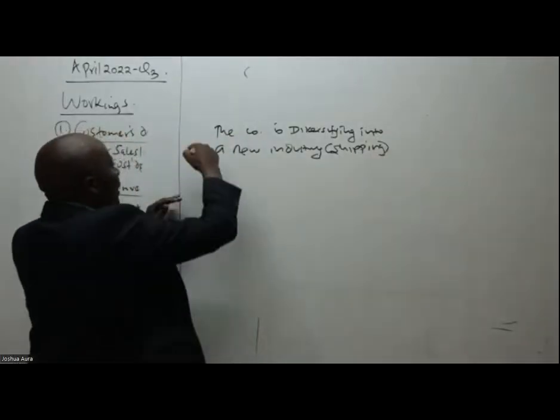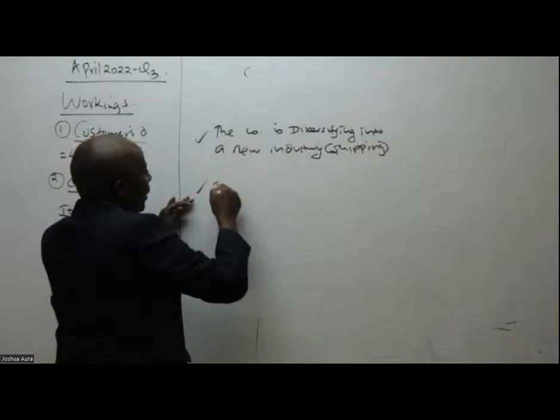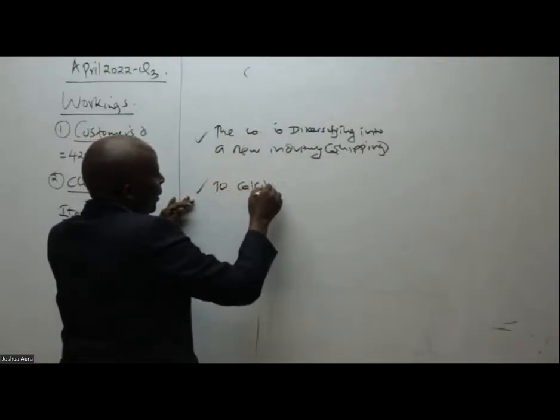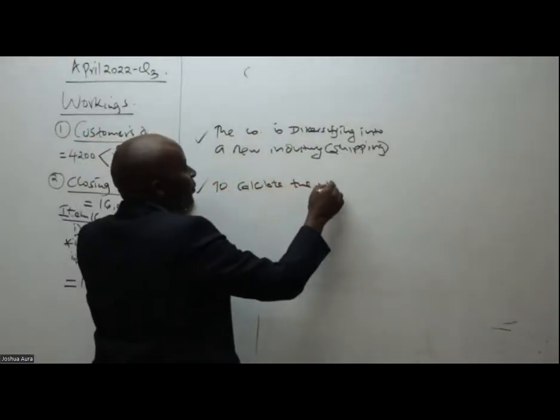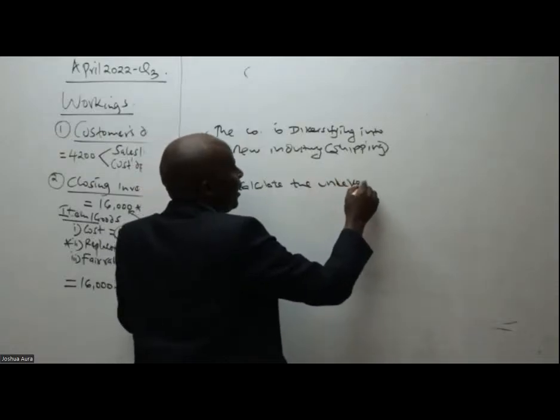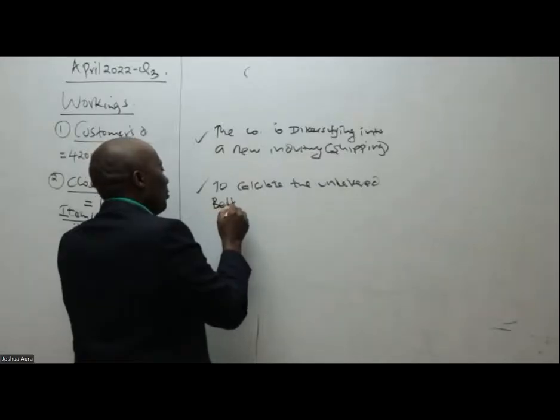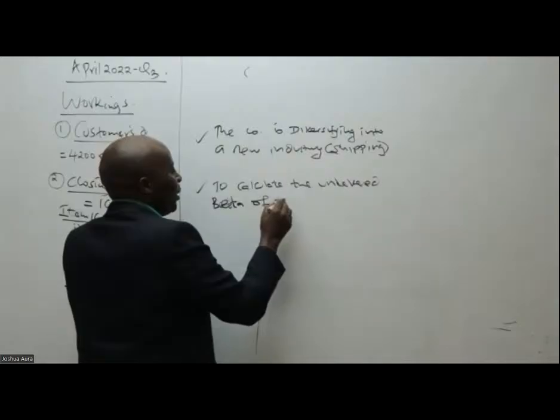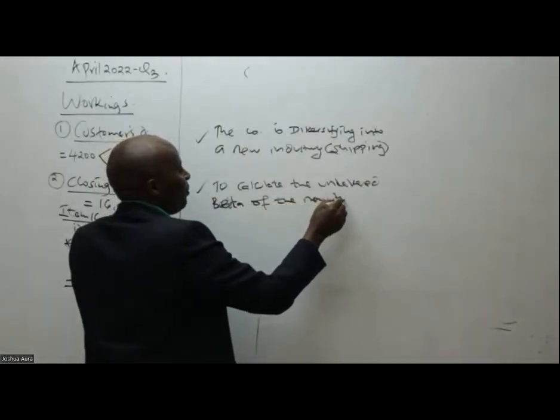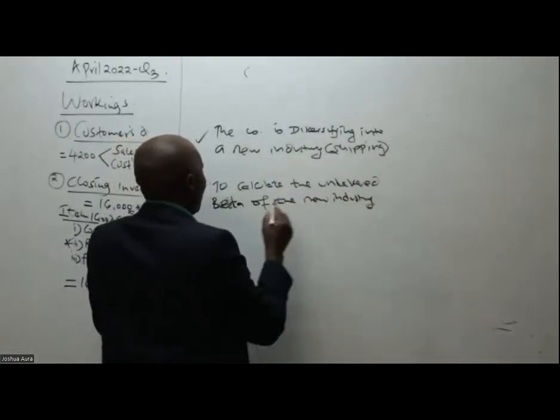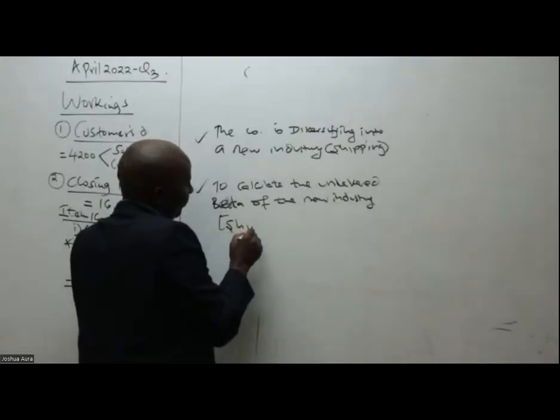So the first thing that I will do is to calculate the unlevered beta of the new industry, which is shipping.